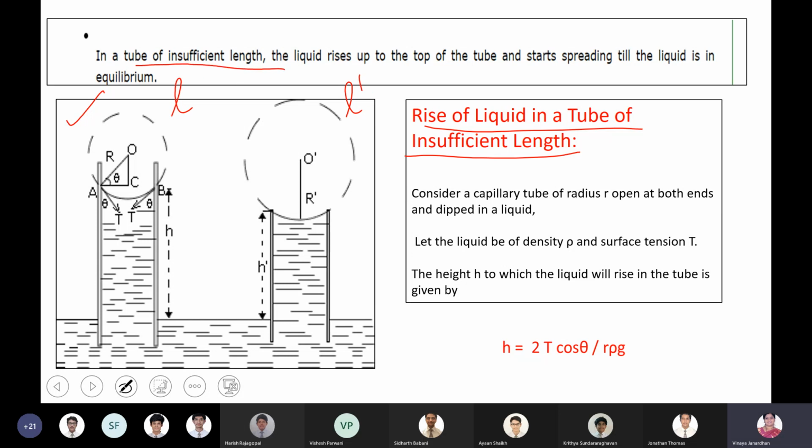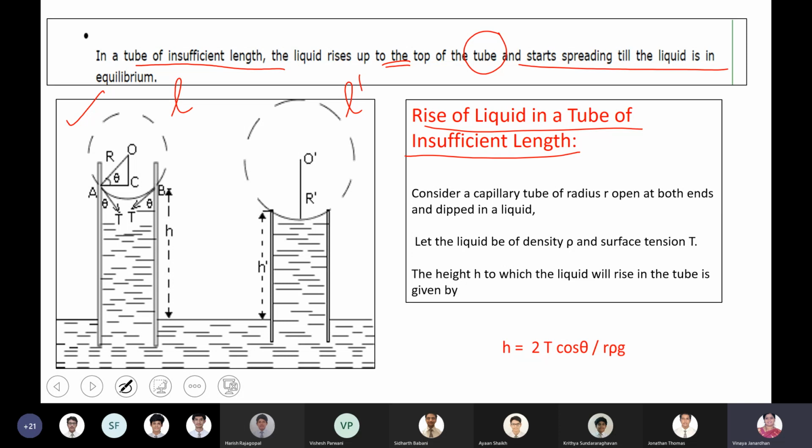In a tube of insufficient length, the liquid will rise to the top of the tube and then starts spreading till the liquid is in equilibrium. This is what is going to happen. So when you take 2 capillary tubes, with the other dimensions and the density of the liquid all the same, only the length of the tubes differs.